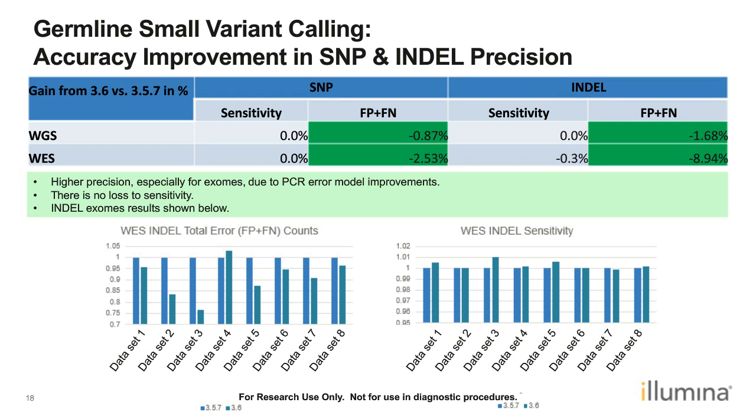And then the indel sensitivity is staying more or less the same. So I think this is an overall improvement to the indel precision that we were targeting for this release.